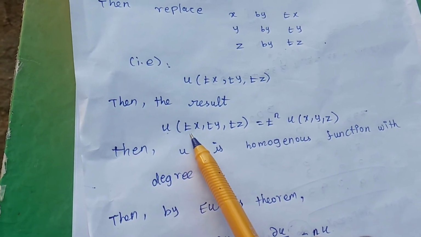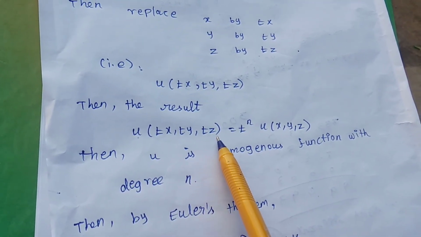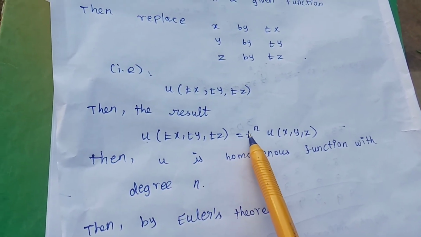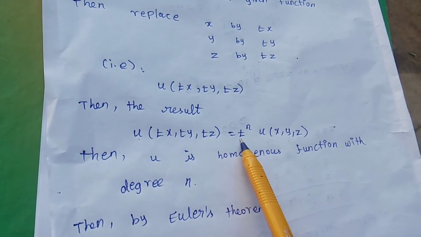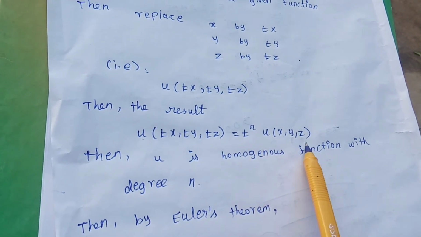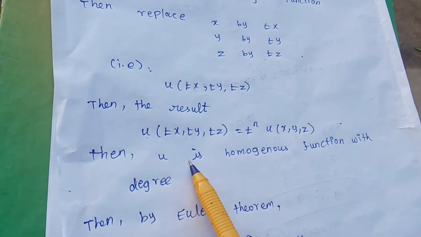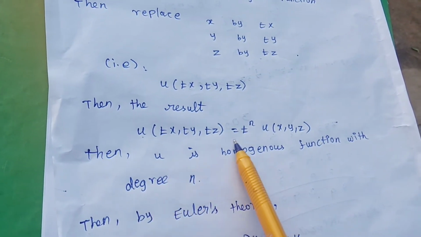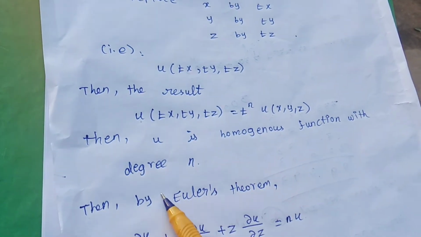If u of tx comma ty comma tz equals t to the n, and after simplifying I am able to get t to the n into u of x comma y comma z, which is nothing but u, then the given function u is said to be a homogeneous function with degree n.